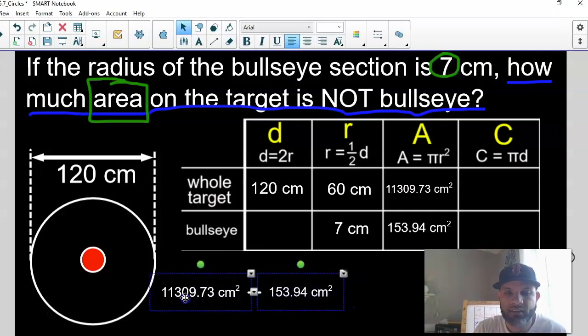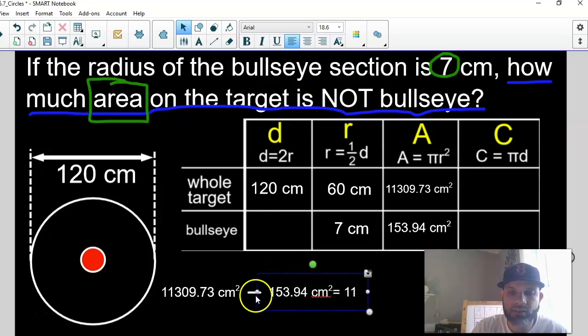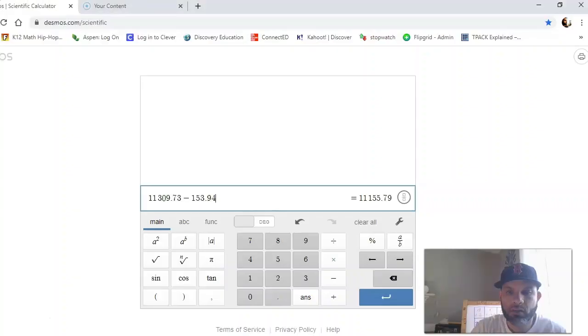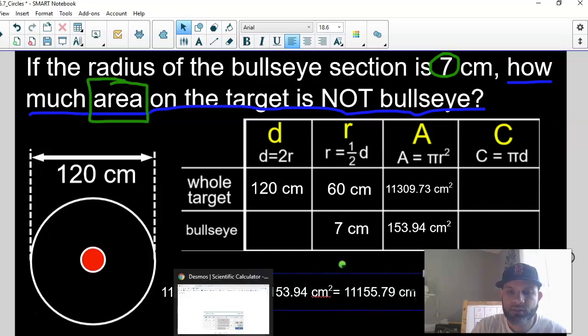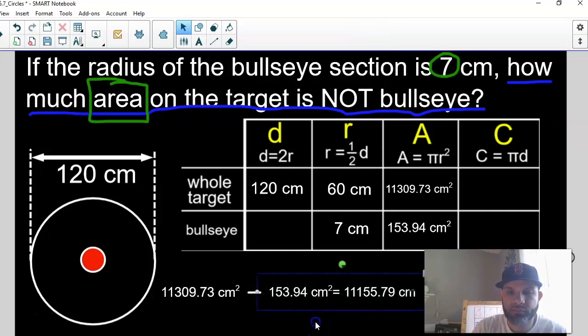That's our answer. All right, let me see that again real quick. This equals 11,155.79. And that is centimeters squared, right?